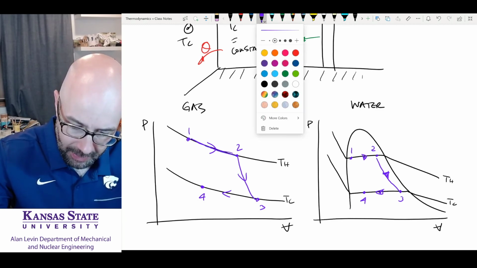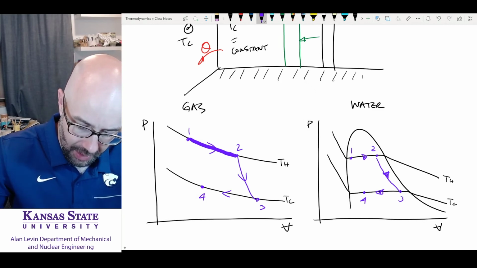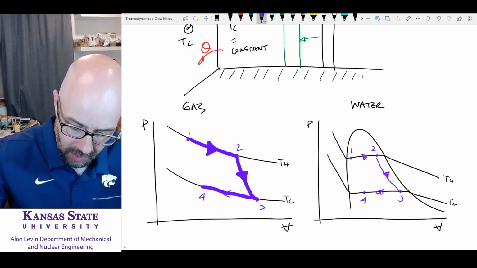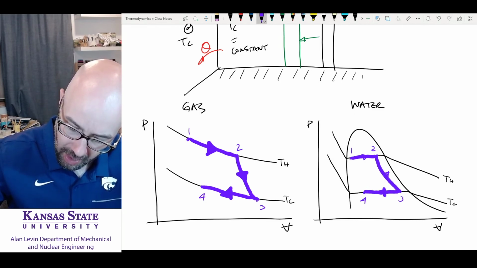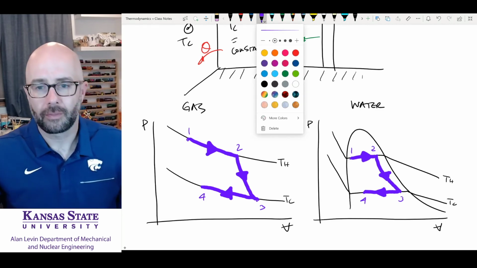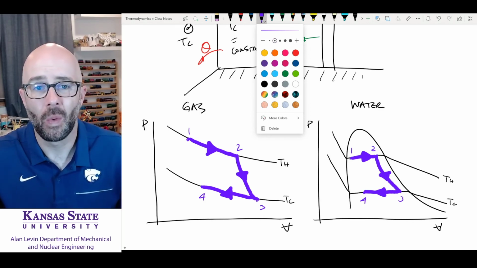We're going this direction, down here this direction, back up here this direction. That's the direction we're going. Well, we know where we're going to finish up. We're going to finish up back at 1.